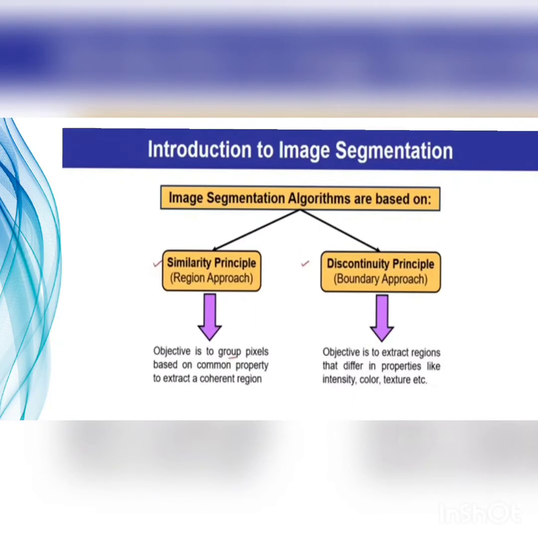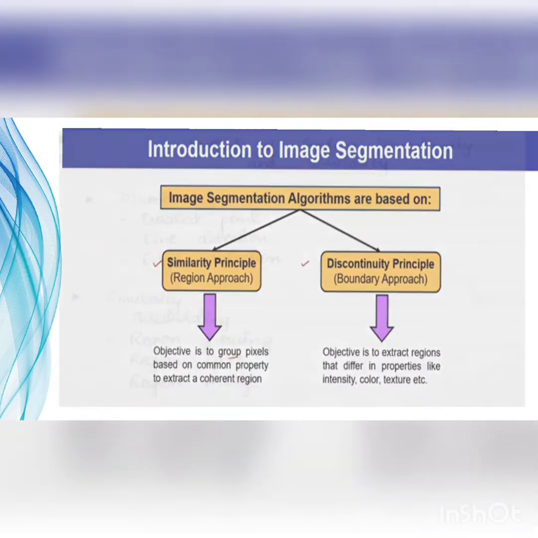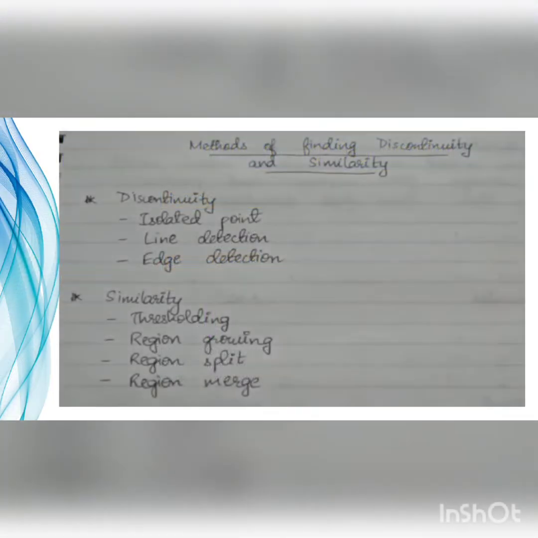So we are basically segmenting or partitioning an image based on the similarity principle or the discontinuity principle. And we have different methods for the discontinuity approach and the similarity approach.